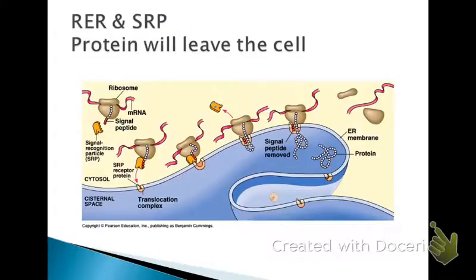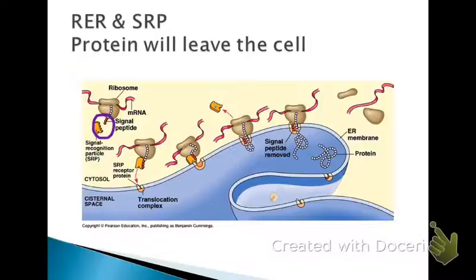Now, it can also be taken to the rough endoplasmic reticulum. And remember, the rough endoplasmic reticulum is made for transport of proteins. Remember that? Okay, it transports proteins through this folded system of membranes. So if its destination is to leave the cell, then there will be something called a signal peptide.